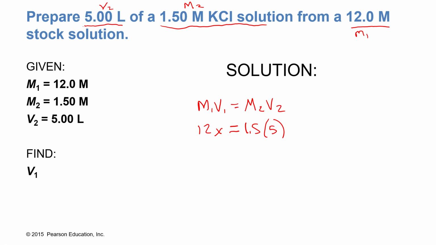So that's coming directly from the problem up here. Now all we have to do is solve for x. So in order to solve for x, we're going to combine the 1.5 times 5, and then we're going to divide away the 12 from both sides. And our answer is 0.625.